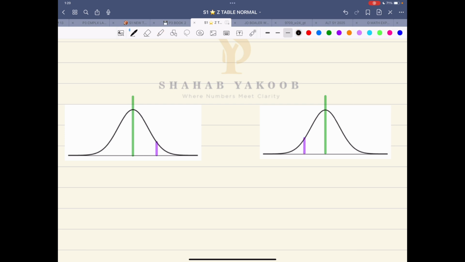So if I start with this, this is 0, this is negative 1.645, and this region is right over here. And similarly, this negative 1.645 becomes positive 1.645, mirror image. This is 0, and this is the value which is right over here.